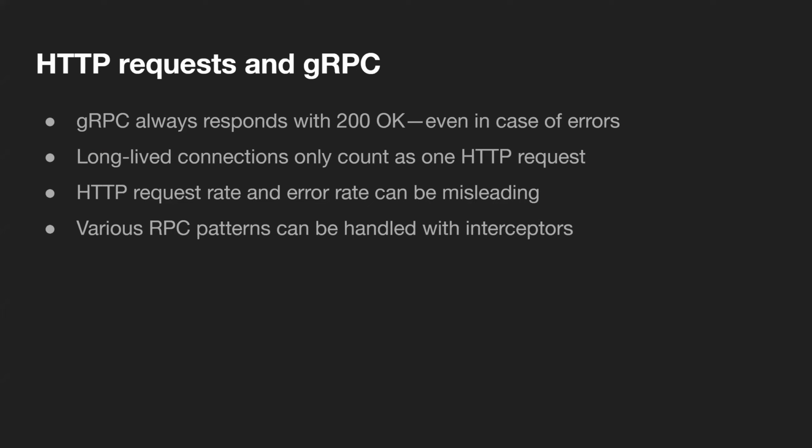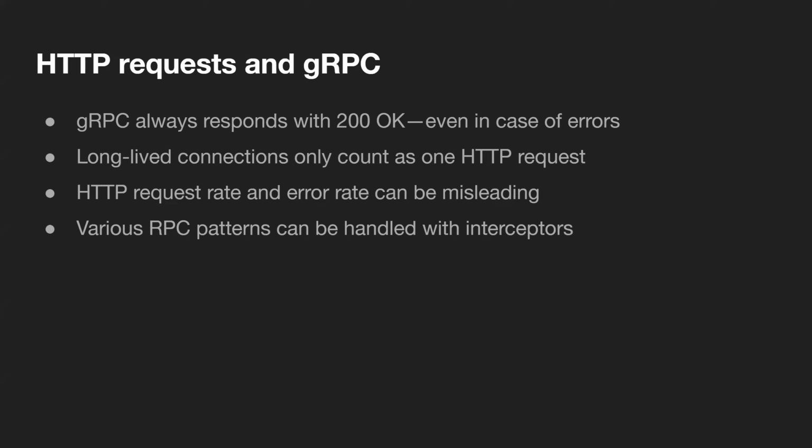So a gRPC response on the HTTP level is always using the 200 OK status code, even if the gRPC request failed. That information that the gRPC request failed is going to come back to the client in the binary response. And on the client side, you can catch it as an exception and then handle it accordingly. But it's not going to show up on the HTTP level as a 500 or any other status code.